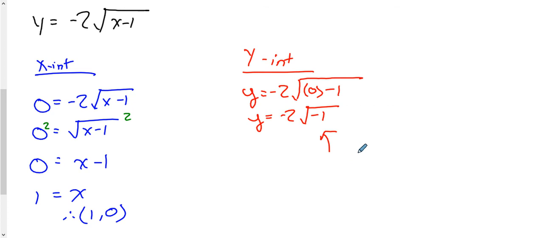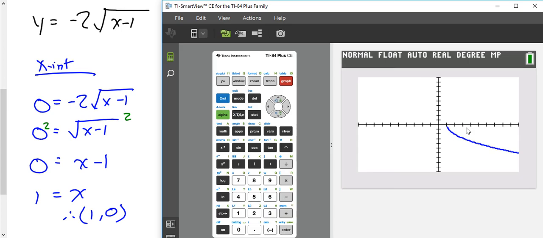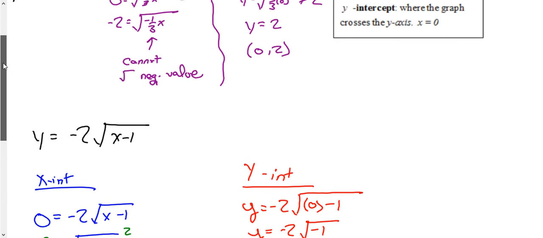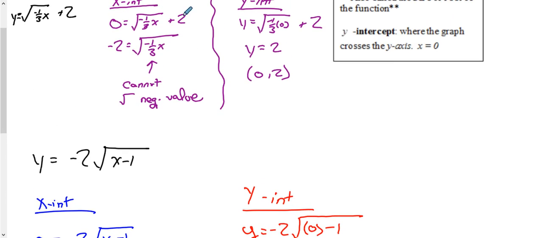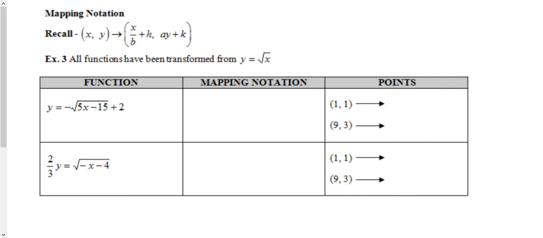You can't square root a negative. So therefore, no y-intercept. And again, that does match up with this picture here. We were shifted away. There should be no y-intercepts based off of the graph. And up here, I should have finished this one off with, therefore, no x-intercepts. There we have it. Moving on.